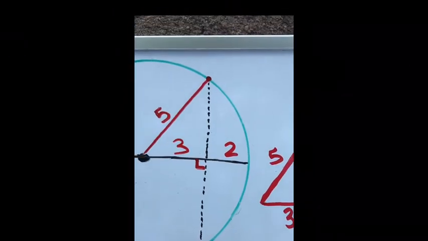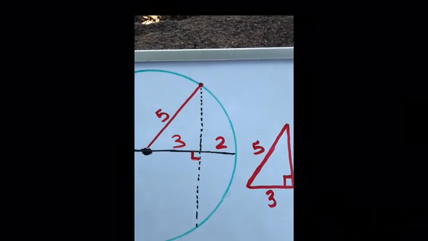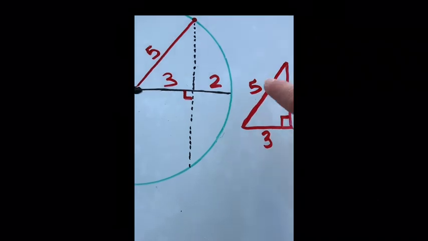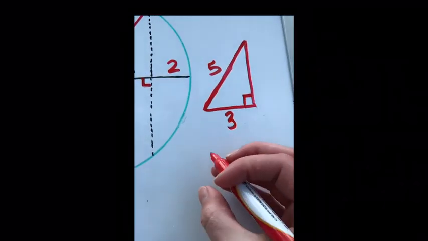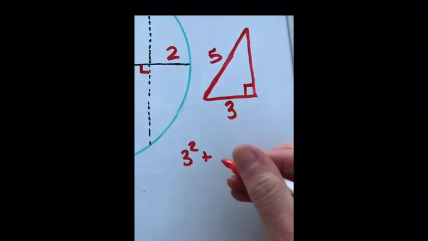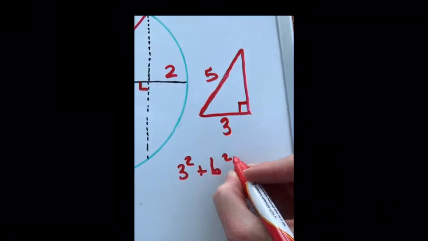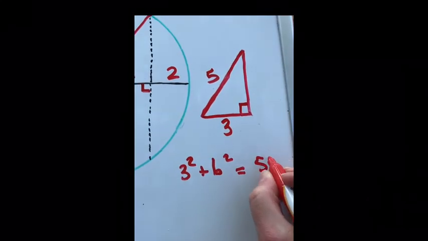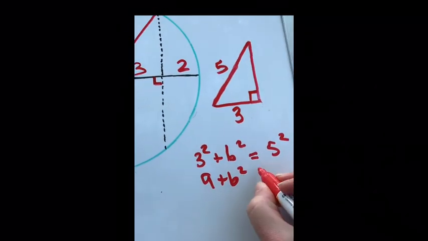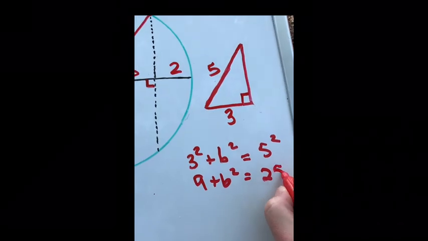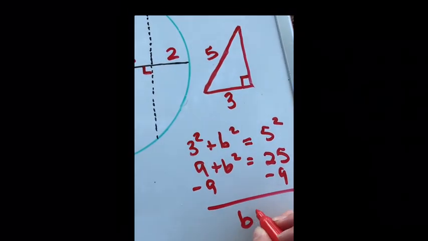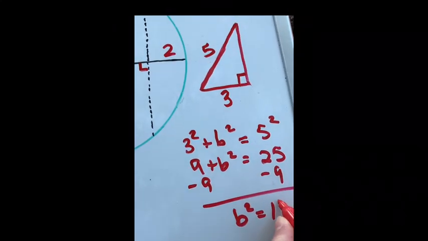We're going to use the Pythagorean theorem. 5 is the hypotenuse, so we set it up like this: 3 squared plus this piece here, b squared, equals 5 squared. So 9 plus b squared equals 25. Subtract 9, and we get b squared is equal to 16.